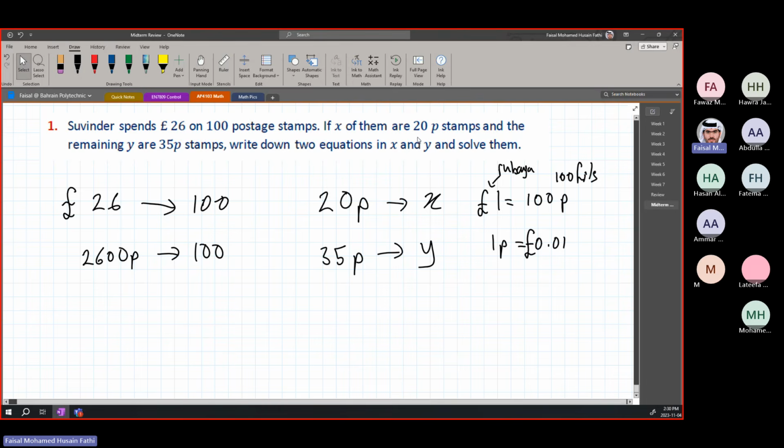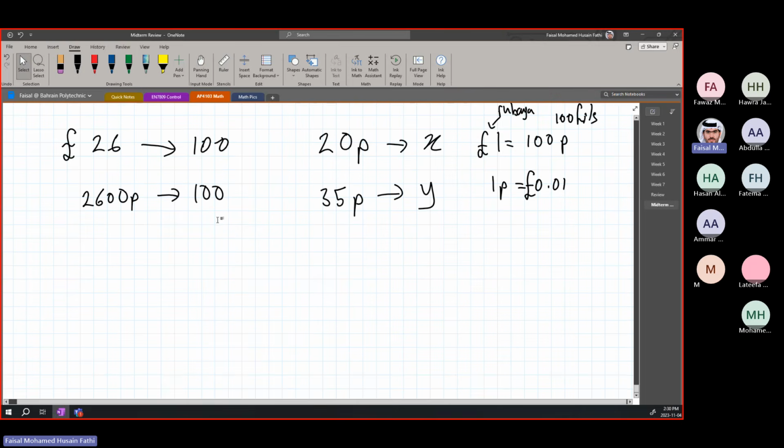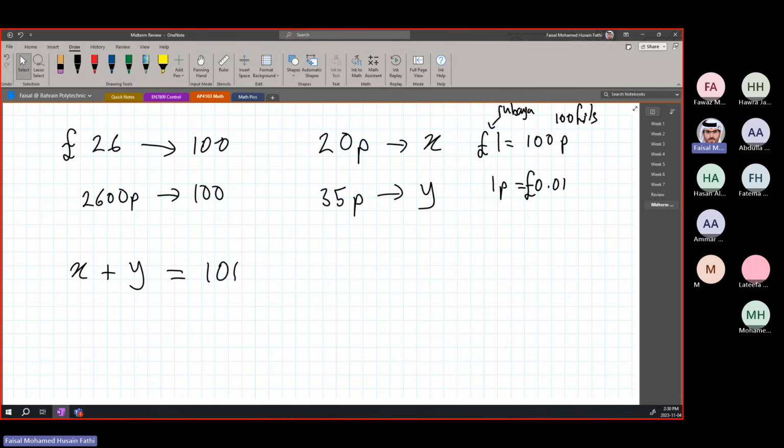He bought X of them for 20 pence each and Y of them for 35 pence. The first equation you write is: X and Y are the number of stamps, so X plus Y is the total number of stamps he bought, which is 100. Each X is 20p, so 20p times X.